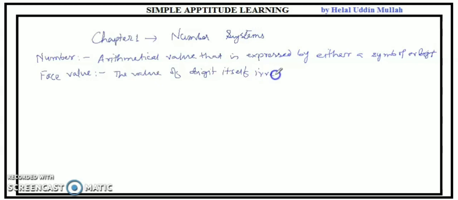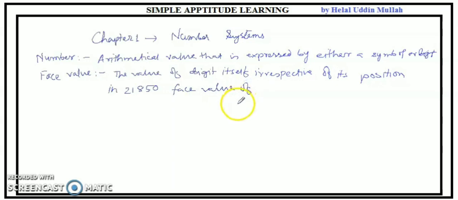For example, in 21850, the face value of 2 is 2, and of 5 is 5.